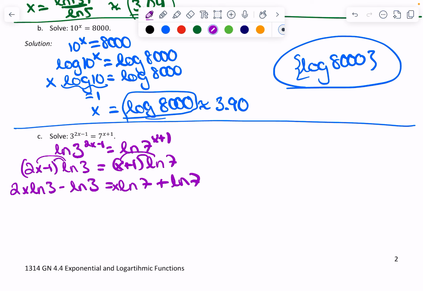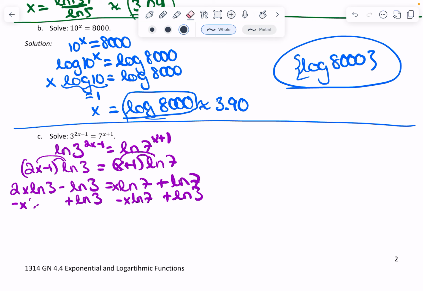Okay, next thing we want to do is move the x's to the left and everything else to the right. So I want to move this natural log of 3 to the right, so I'm going to add that. Then I'm subtracting the x natural log of 7 because we want to move x's to the left.